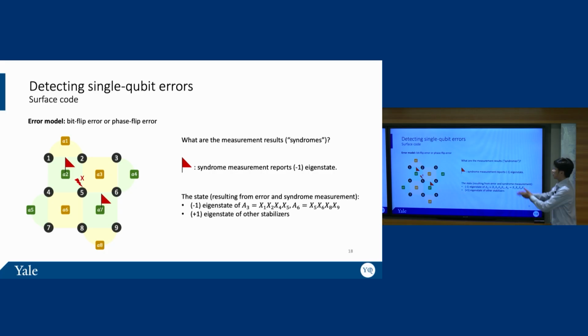The state, even though I didn't write it down explicitly, we know is a -1 eigenstate of these two stabilizers. I should have written Z because it is the X-type error and the green patch. So it's actually Z1, Z2, Z4, Z5. That's a -1 eigenstate, but +1 eigenstate of all the other stabilizers.